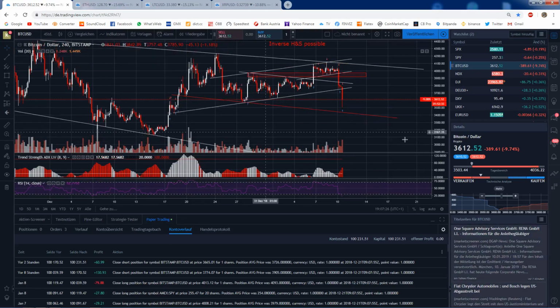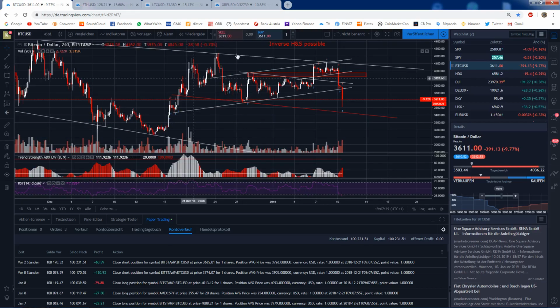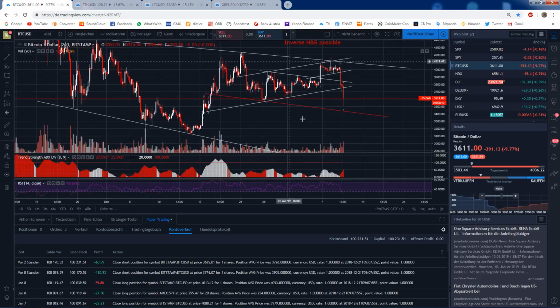So we did that mostly, and now I'm quite bearish on Bitcoin in the short term, or in the midterm, I'd say. We could, out of this, form a descending channel and basically a bull flag. I don't like bull flags this big.